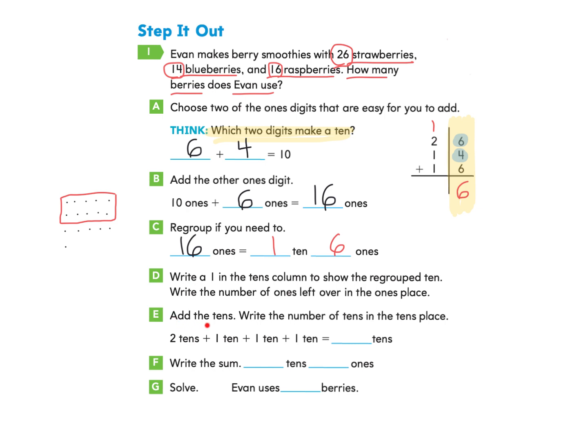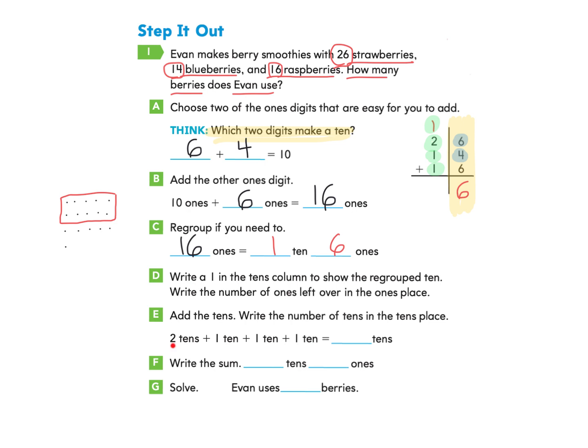It asks us to add the 10s. Write the number of 10s in the tens place. And look at this. They've helped us out. We have 2, 1, 1, 1. There are 4 numbers here. And look what they did. They wrote this out for us. 2 tens, 1 ten, 1 ten, and 1 ten.